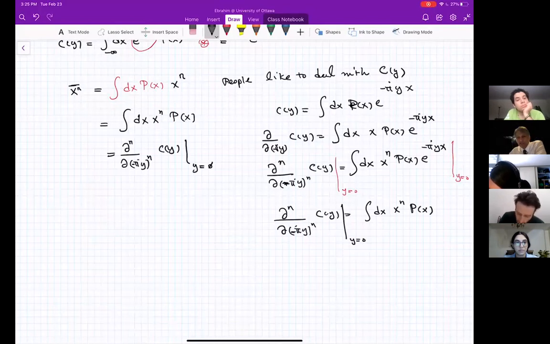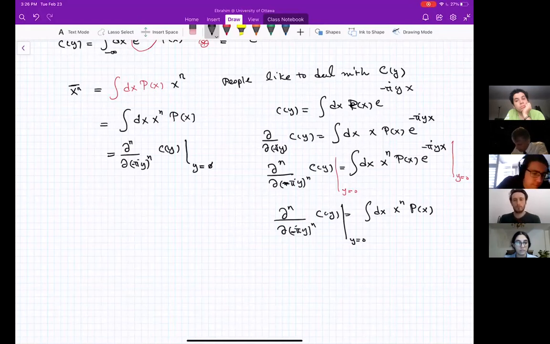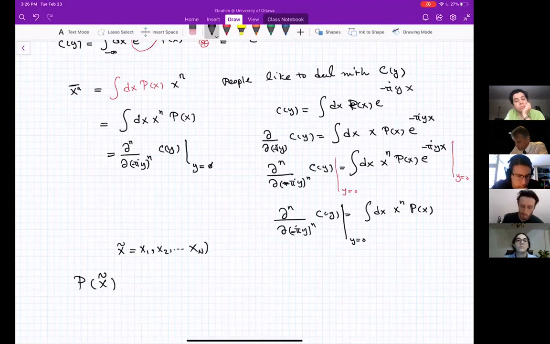Are you familiar with multivariable probability distributions? You can have x1, x2, x3, up to xn; this is an n-dimensional probability distribution. In the same fashion, you can have a probability distribution which is a function of a vector x, where the vector x is x1, x2, up to xn, which is n-dimensional.